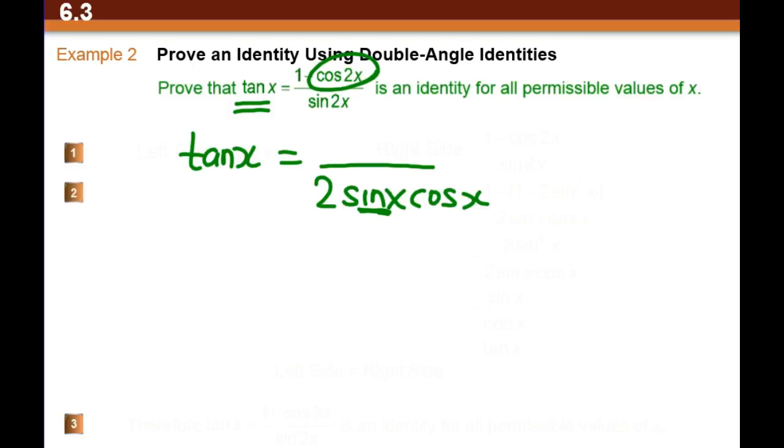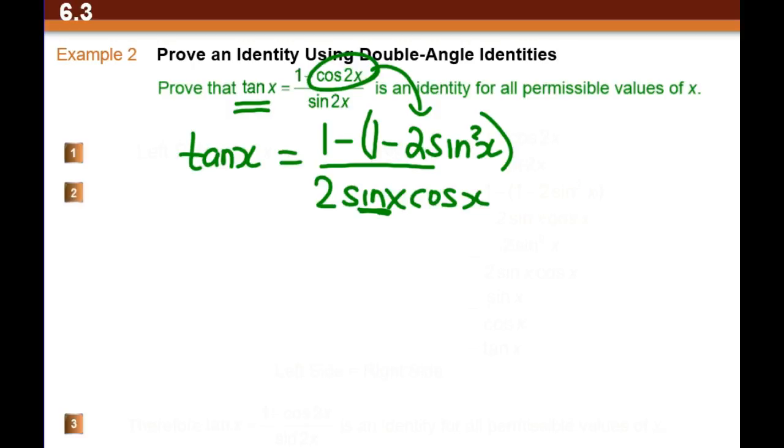Is there any? 1 minus 2 sine squared x. And remember, we still have this 1 minus in front, right? So we replace the cos 2x with this guy right here, in the theory that we don't want this sine x in the bottom because tan is sine over cos.